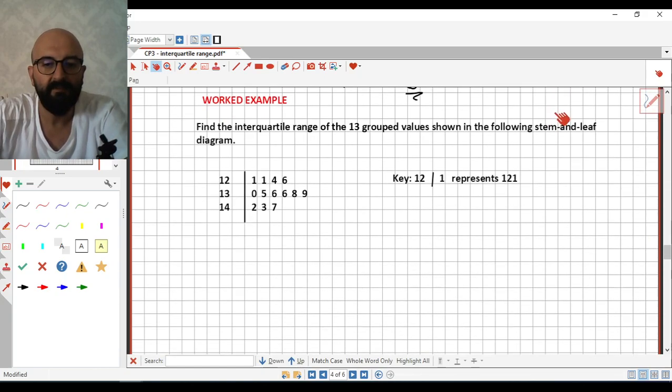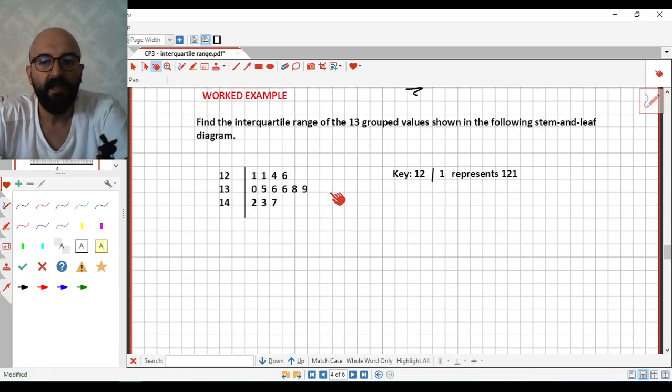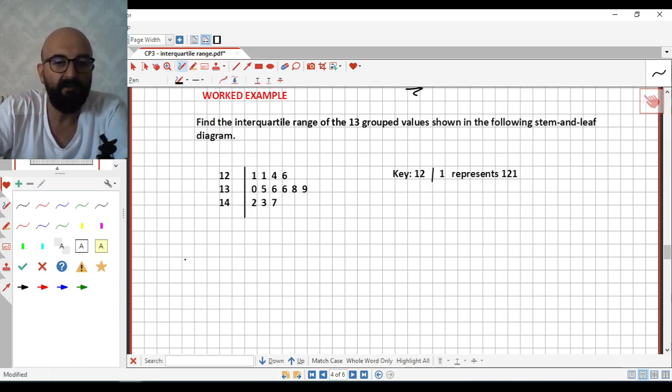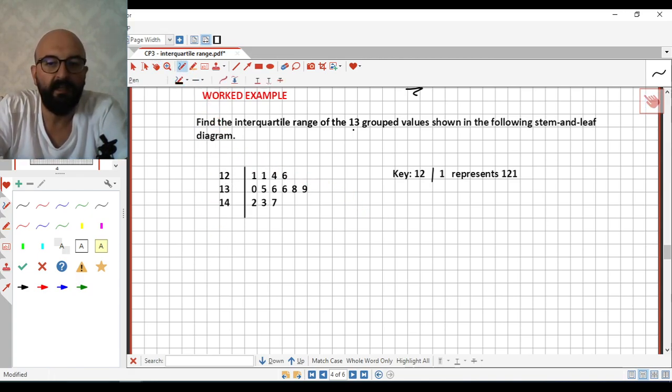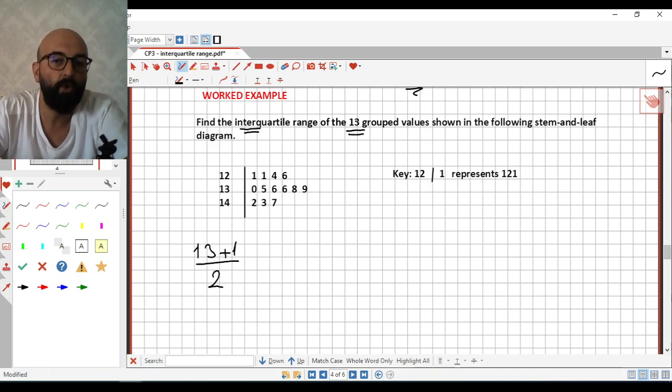Okay, and we have one more example about a stem and leaf diagram. We have 13 grouped values, and we want to find the interquartile range. For 13 values, the median is found with 13 plus 1 divided by 2, because we have an odd number of values.